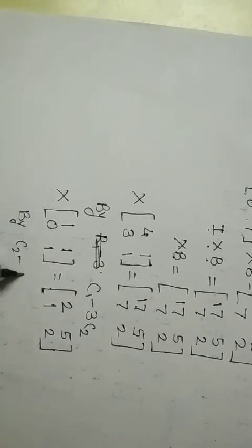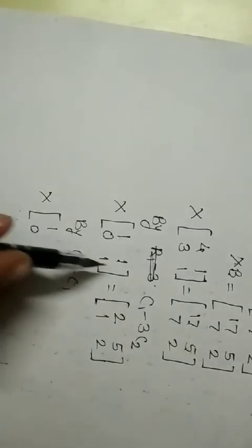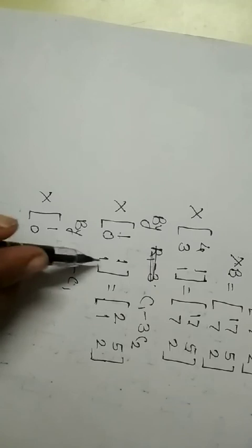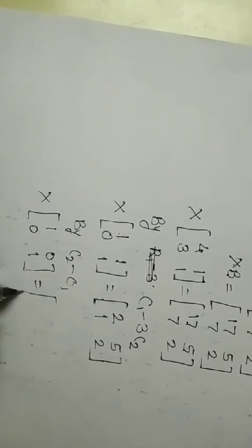Now, reduce the element at the one-two place to 0 by using a column transformation, because we already get 0 here. So by C2 minus C1, we get X multiplied by the first column as it is, 1 0. There is a change in the second column: 1 minus 1 is 0, 1 minus 0 is 1, is equal to.